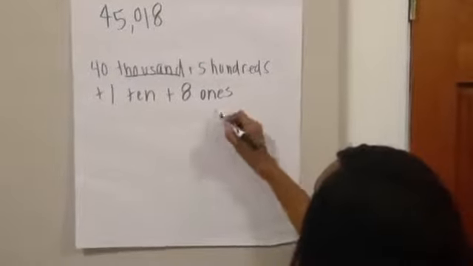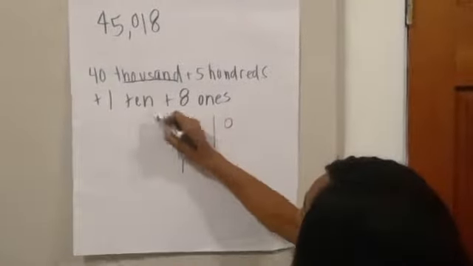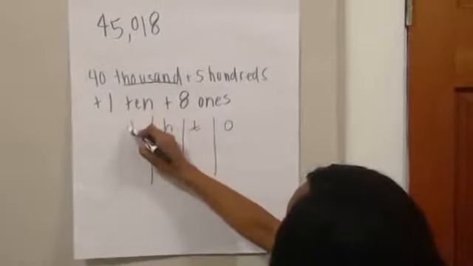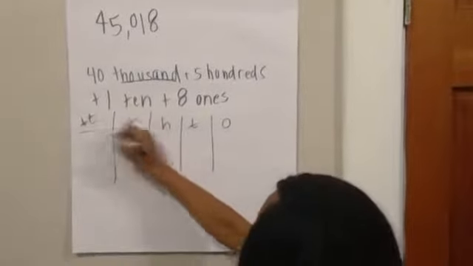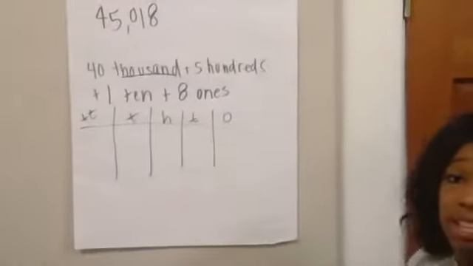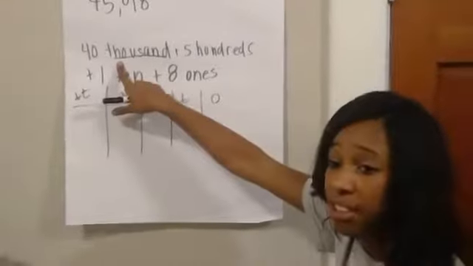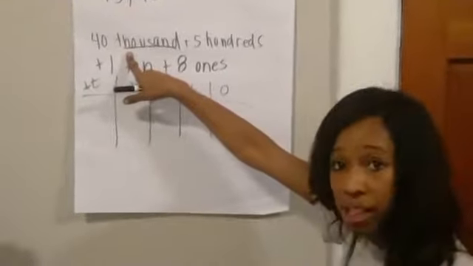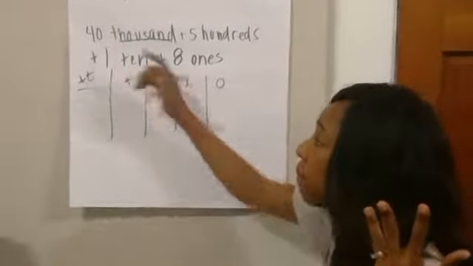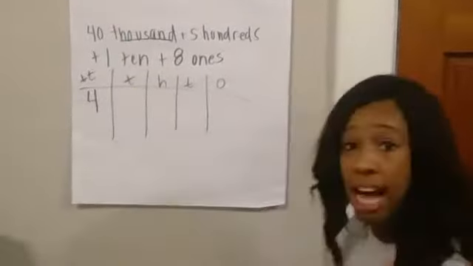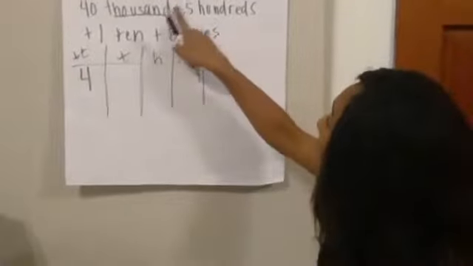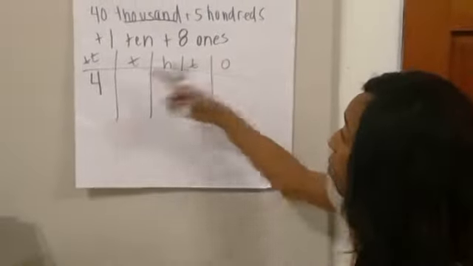40,000. The way I can figure this out is I just do a place value chart. 40,000s is the same as 4 10,000s because if I have 40,000s, I have 10,000s, 20,000, 30,000, 40,000. So I'm going to put this 4 in the 10,000 spot. I don't have any thousands here, so what do I put there?